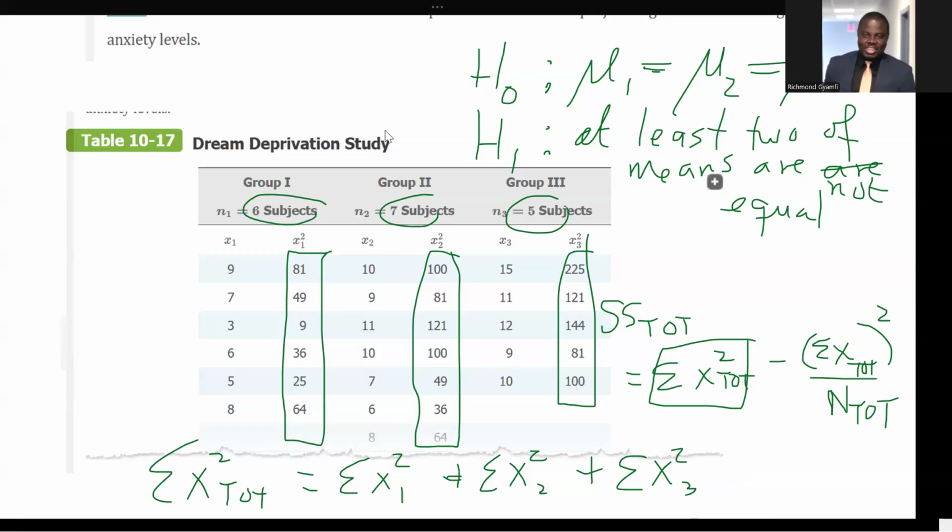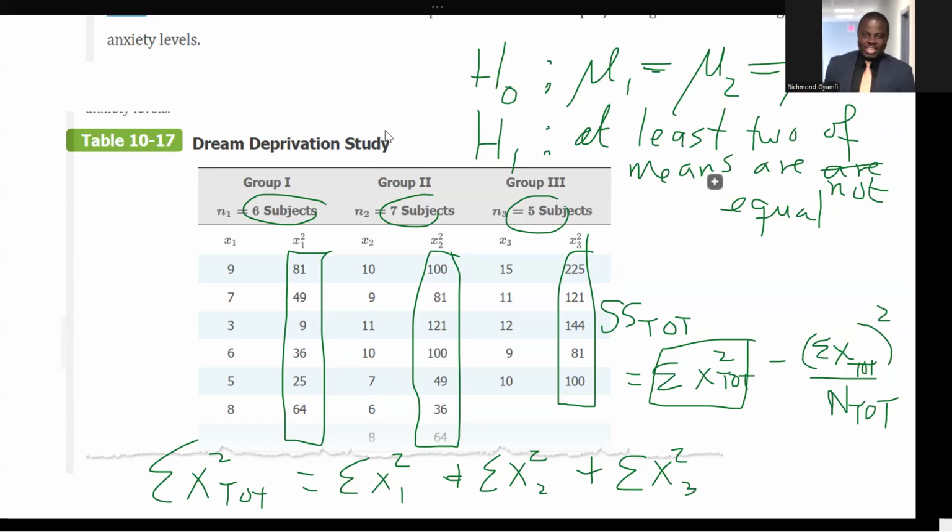So 81 plus 49, let me put that in a calculator and see what I'm going to get. So 81 plus 49 plus 9 plus 36 plus 25 plus 64. You could pause the video and do it by yourself and see what you're going to get.